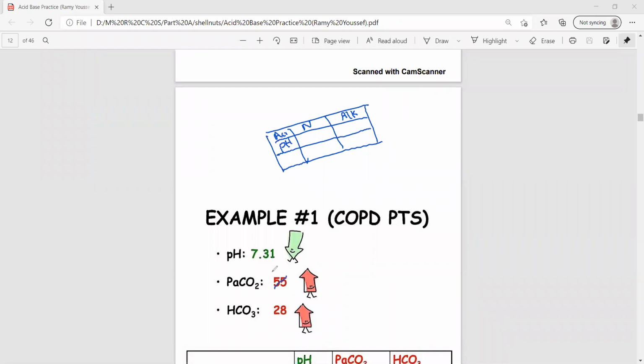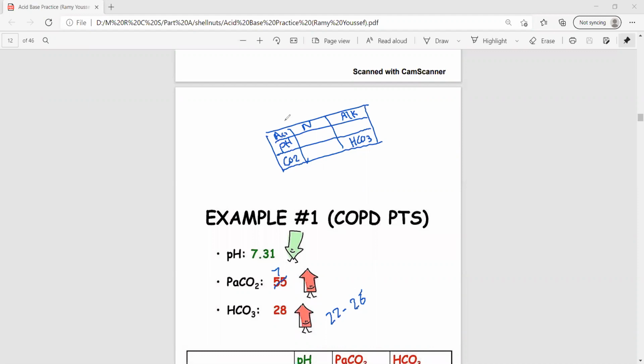CO2 is also acidotic. And bicarbonate is normal, this is normal. So I put HCO3 here.